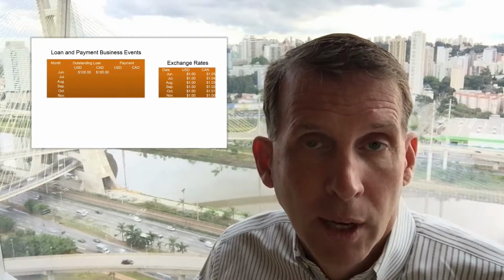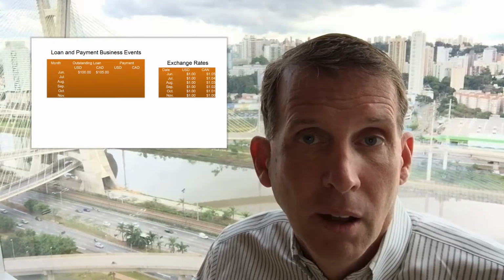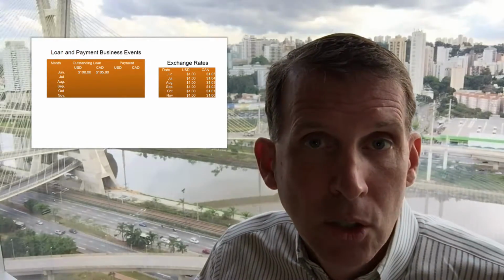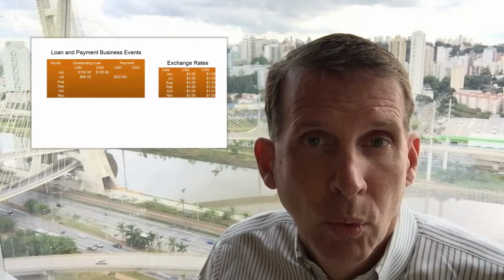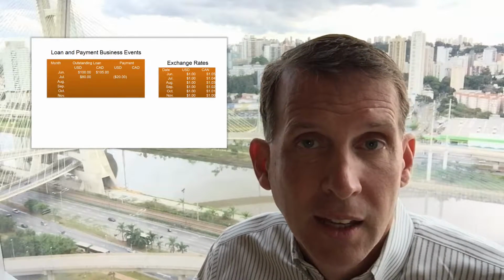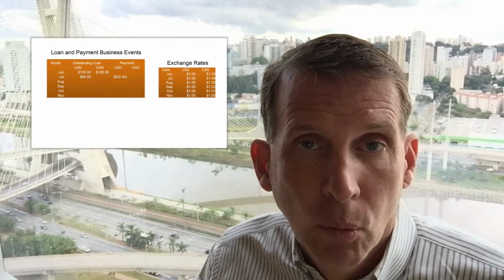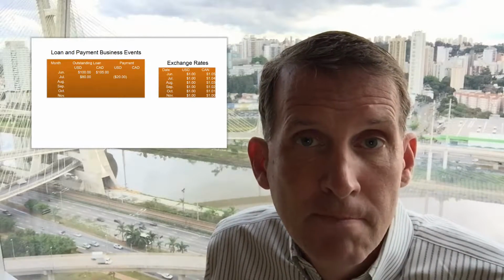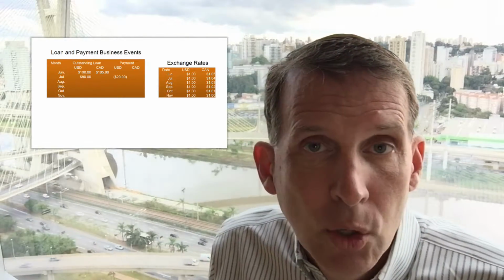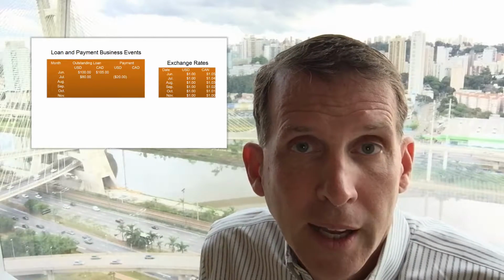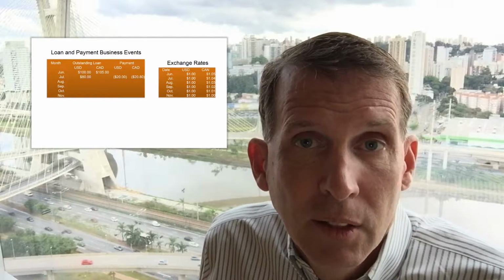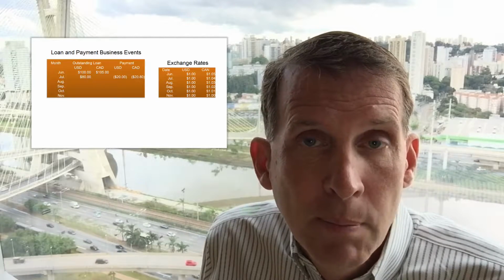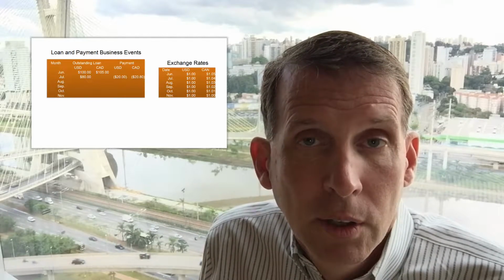So the first thing I'm going to do is create the accounting events off of that. Now, when it comes to making my first payment a month from when I took out my loan, I have to pay that in US dollars. But I want to know what the Canadian equivalent of that is. The exchange rate after 1 month on the first payment, we said, was 1.05. So when I take the US dollars and multiply by 1.05, I can calculate what my payment is in Canadian currency.